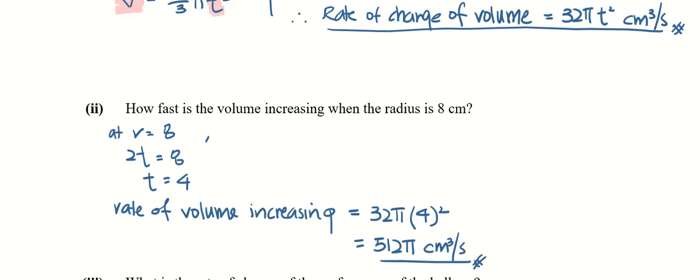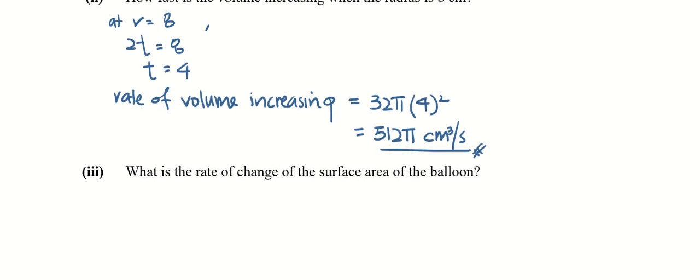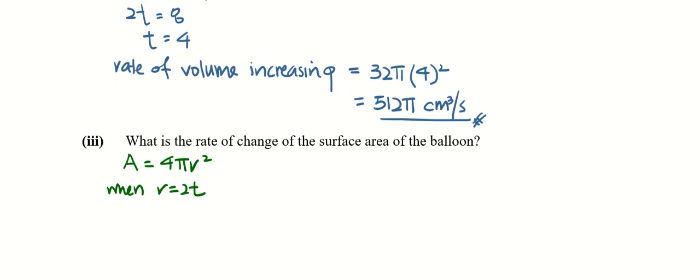Now part 3. What is the rate of change of the surface area? I'm going to go a little bit faster because it's a repetitive thing from your part 1. Surface area for a sphere is 4 pi r squared. Again, when r equals 2t, your area in terms of time gives you 4 pi (2t) squared. Now that gives you 16 pi t squared.